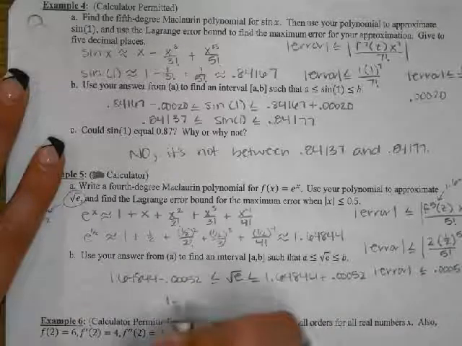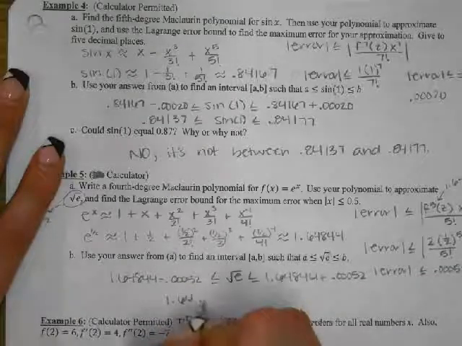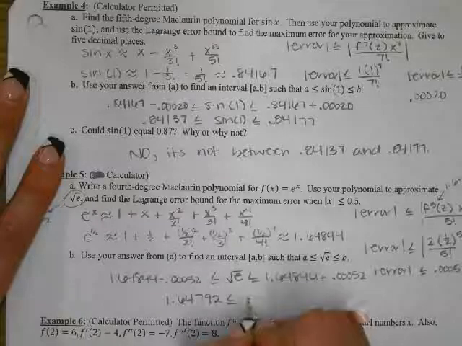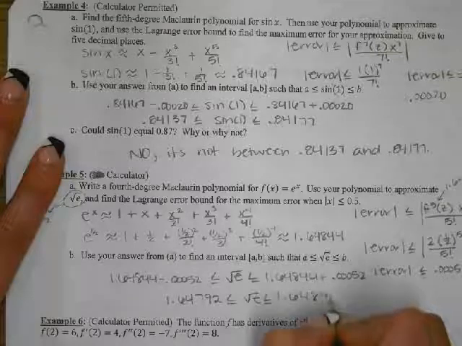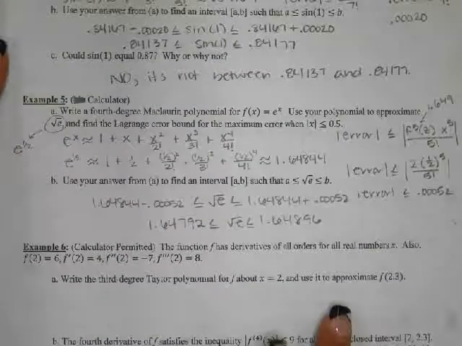So 1.64792, 1.64896. Somewhere in between those two numbers.